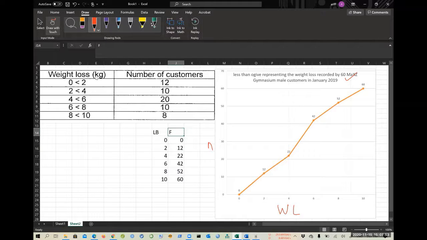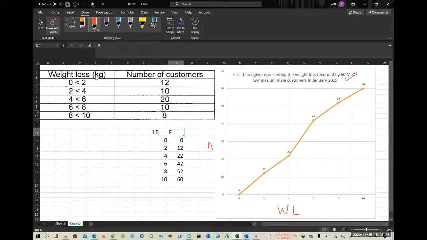Okay, in terms of drawing the ogive, you don't need to draw using a smooth line. Okay, tak perlu dah nak tambah daripada one point to another point. You want to make it smooth, so you draw very smooth line. So you don't need that. So what you just need to do is on a graph paper, you draw the points, and then just using your ruler, okay, or anything, just connect the points with a straight line.